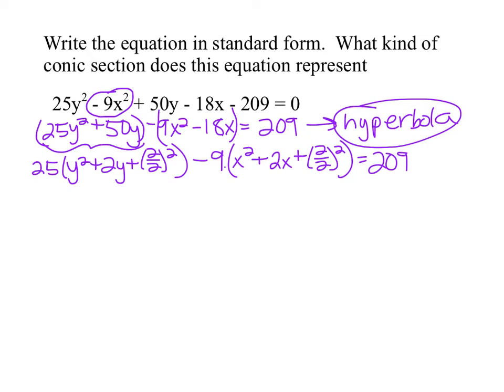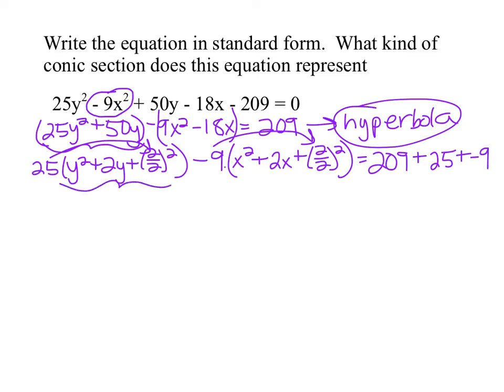Now we're on the opposite side of the equal sign, so we added 2 over 2 squared times their coefficients out front here. So we're going to want to add those to the other side to keep it balanced. We're doing the same thing to both sides. So plus 25 times 1 plus negative 9 times 1.